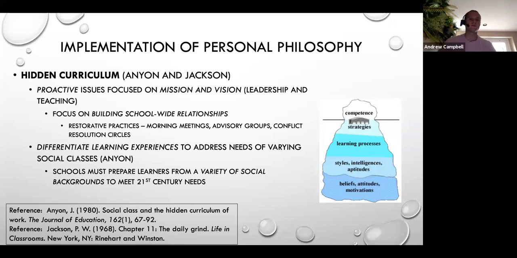So how are we going to do this? By the theories of Onion with the idea of the hidden curriculum, schools must be preparing our learners from a variety of social backgrounds to meet 21st century needs. So what are the styles, intelligences, aptitudes? What are the beliefs? How are we addressing these things without explicitly teaching it, such as we would with a formal curriculum?